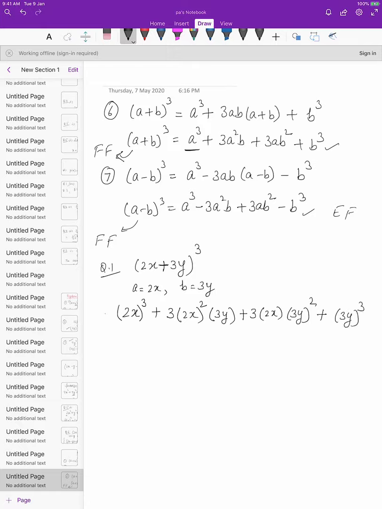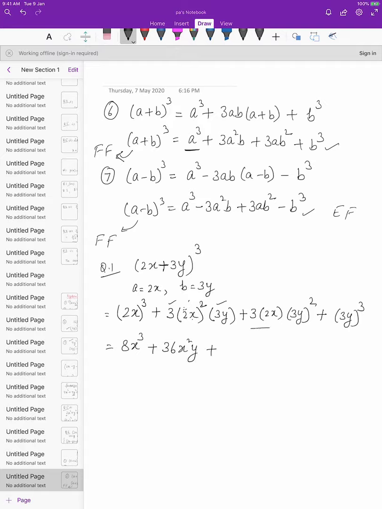Now we'll open them out. We will get 2 cube will be 8, so it is 8x cube plus 2 into 2, because here it is (2x) square, so 2 square will be 4, 4 into 9 is 36, 36x square into y.